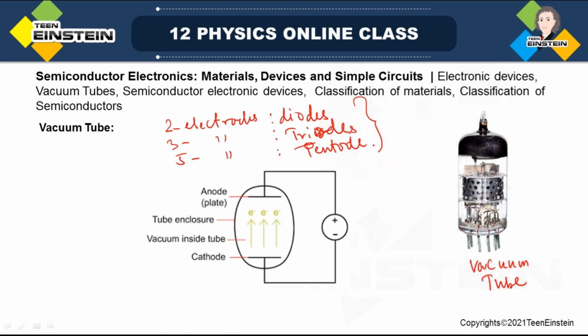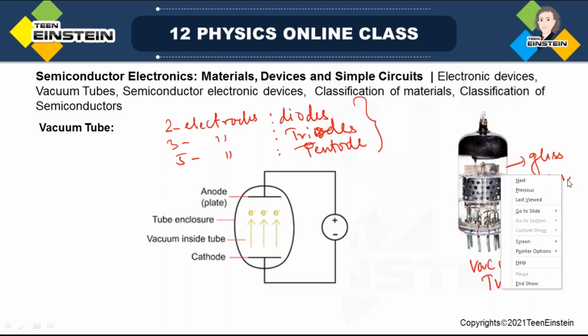We'll discuss a few properties of vacuum tubes. Actually, as the name says, vacuum. As you see, this is the glass covering, or glass envelope.